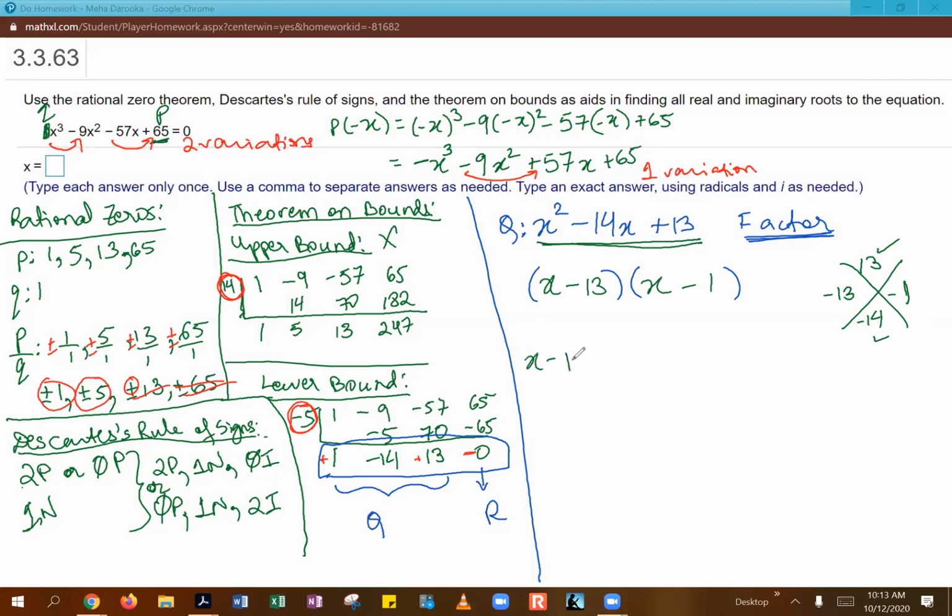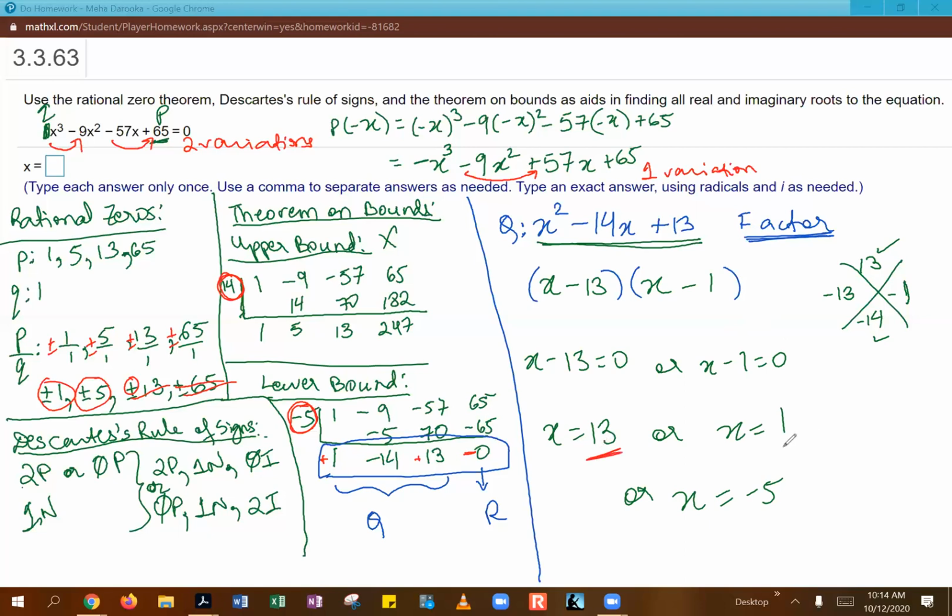And then when you take each one of these and set it equal to 0, you should have the same answer that, Brandy, you got from your quadratic formula. So you should get x equals positive 13 or x equals positive 1. And then don't forget, we also had x equals negative 5, when we did our calculation for the lower bound.